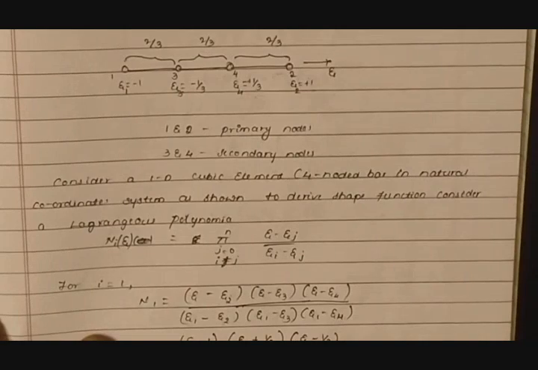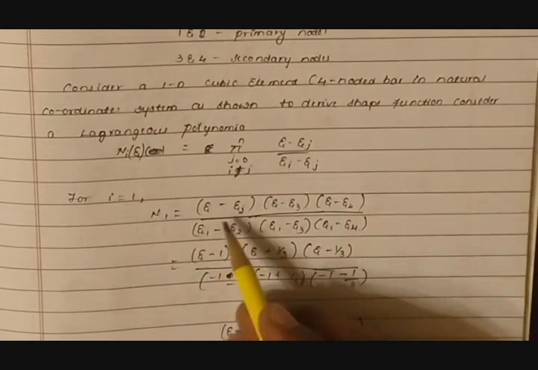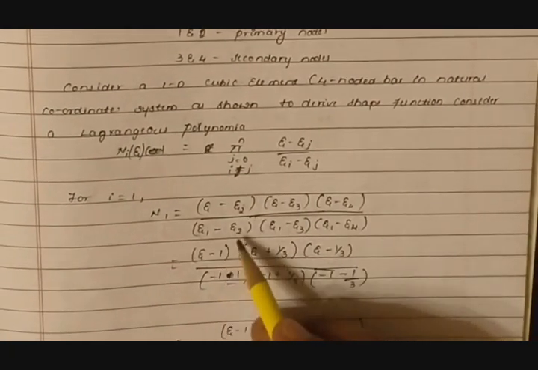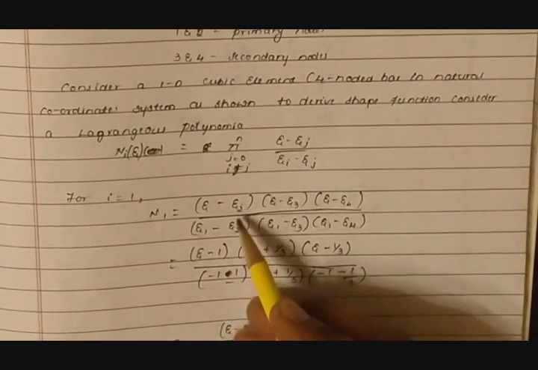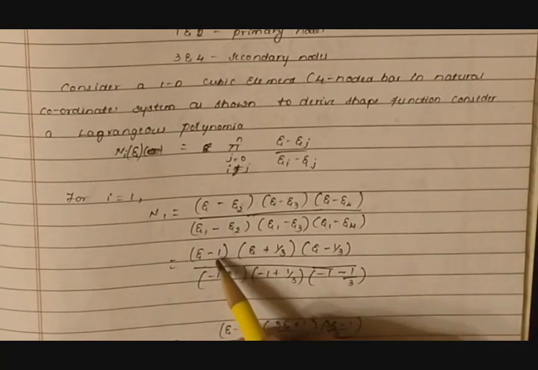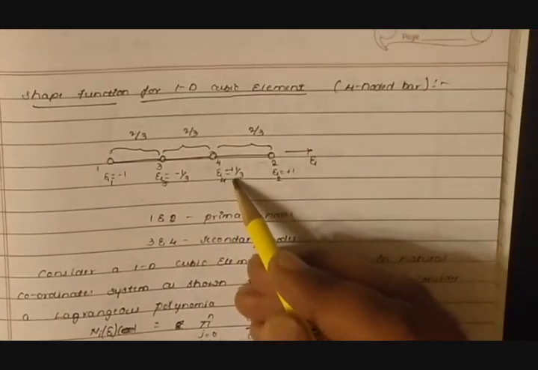Okay. So next, substitute the zeta values here, similar to the previous derivation. So substitute zeta 2 value, zeta 1 value, and zeta 3 value. So zeta 2 is +1, so here it becomes -1, and zeta 3 is -1/3. Substitute that, it becomes +1/3, and zeta 4 is +1/3.